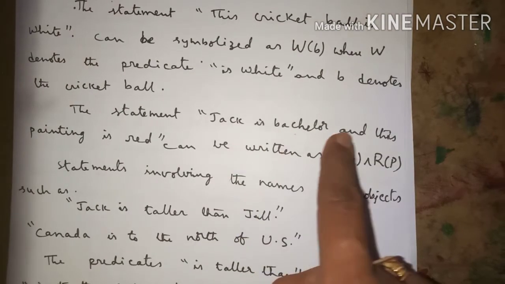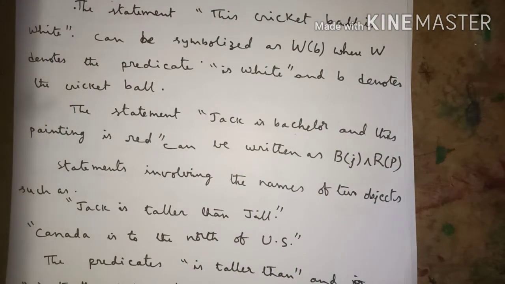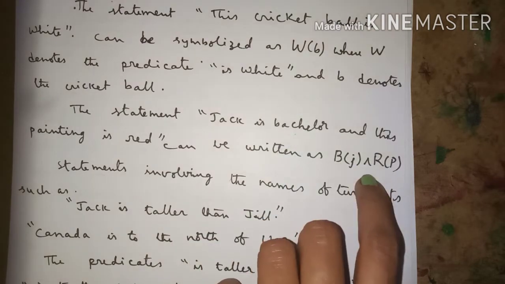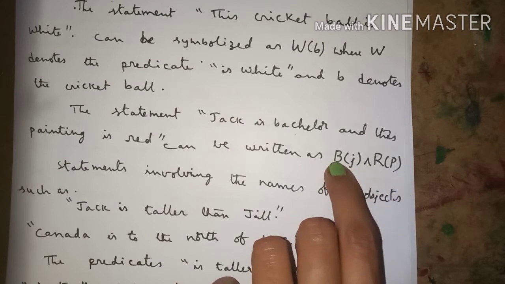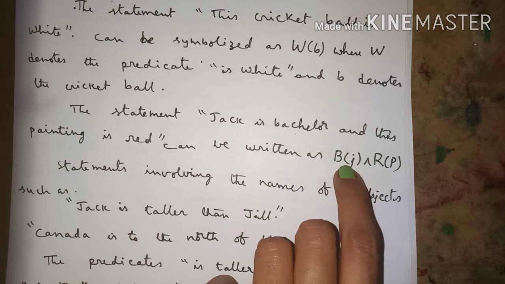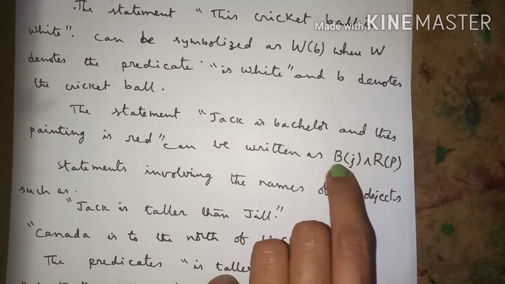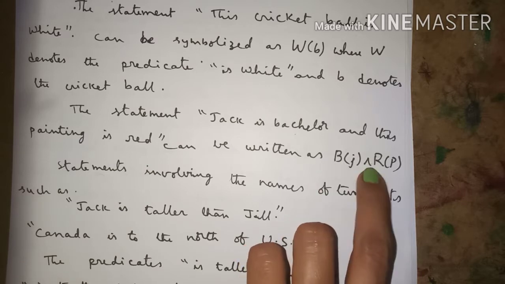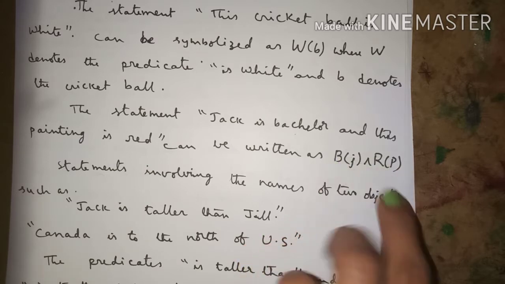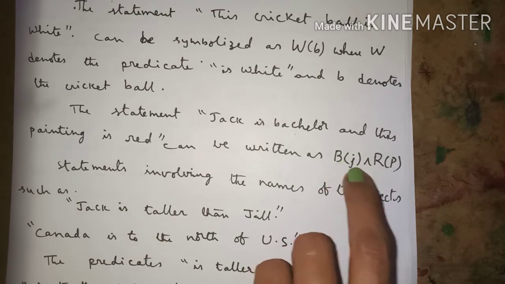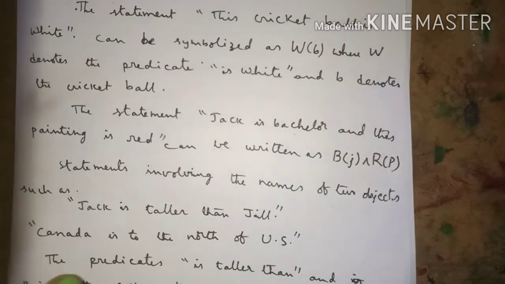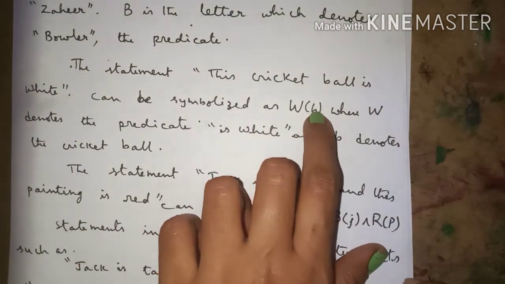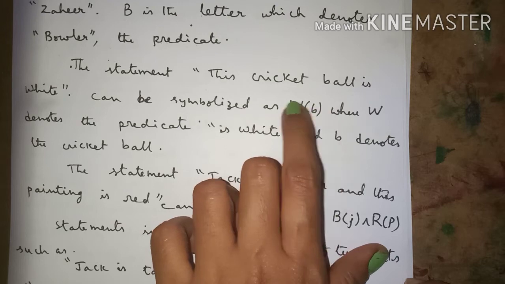It can be written as B of J and R of P. B of J means Jack is a bachelor, and R of P means that painting is red. In the same way, in the above example, the cricket ball is white.